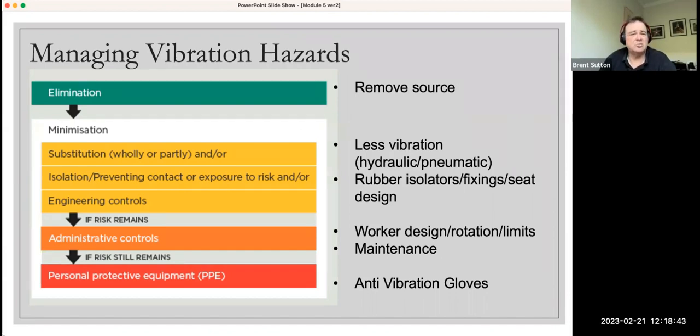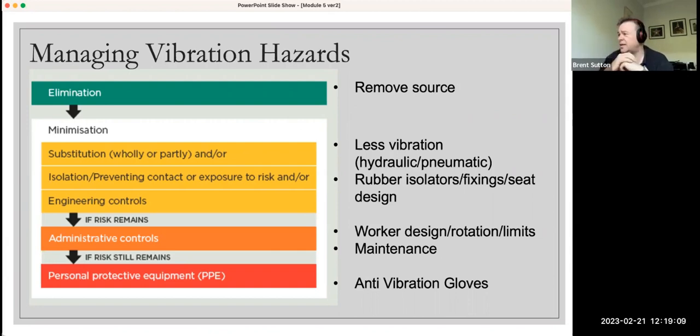So once again, an elimination would be to remove the vibration and its components. A substitution would be to use hydraulics or pneumatics rather than mechanical. That will reduce vibration. An isolation control, an engineering control, would be around the use of rubber isolators or fixings.